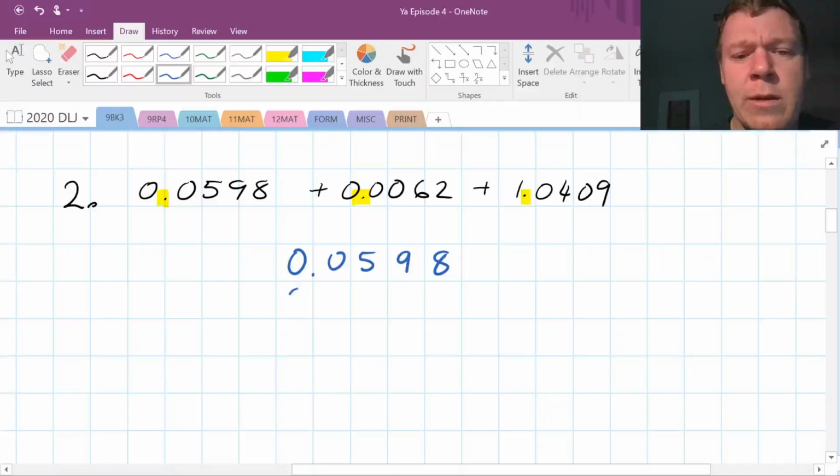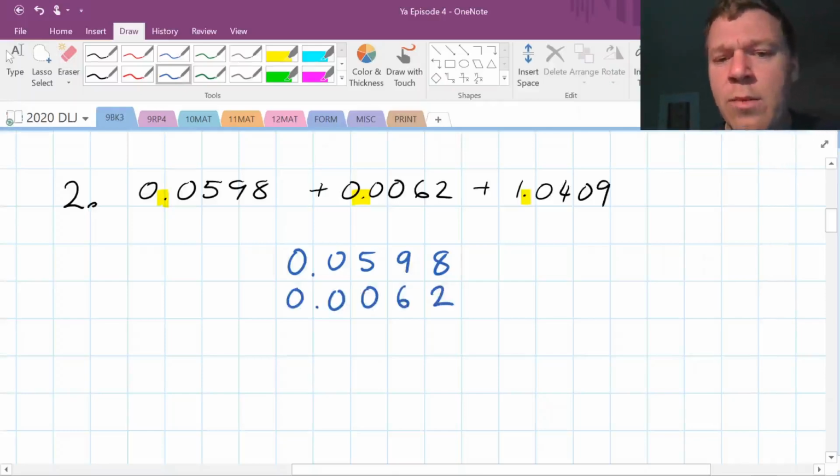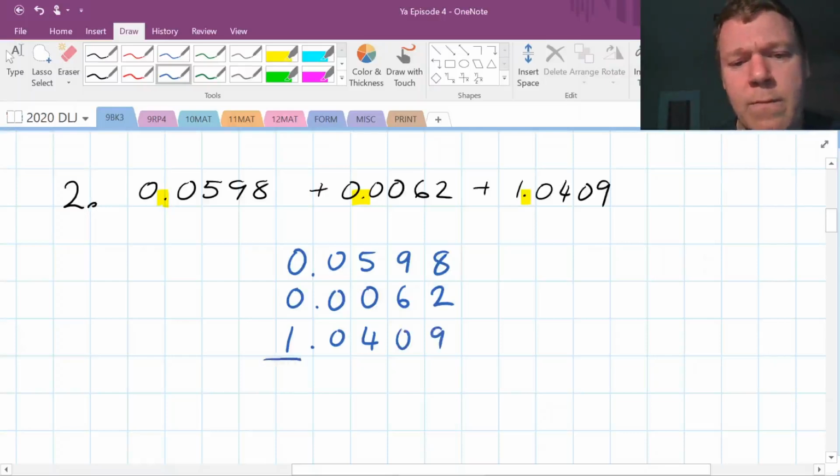Next one, 0.0062. Use your squares in your math book to keep everything in line. It's just going to make it easier, and you're not going to make any mistakes if everything's in the right box. All right, that's all our numbers. Let's start adding.